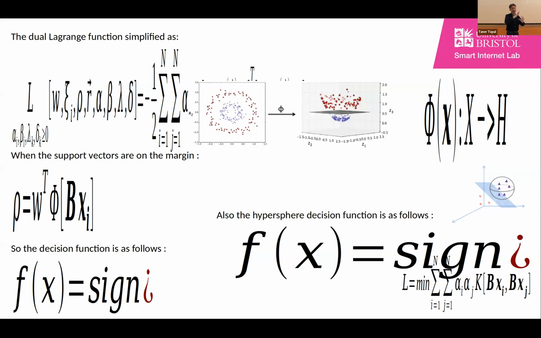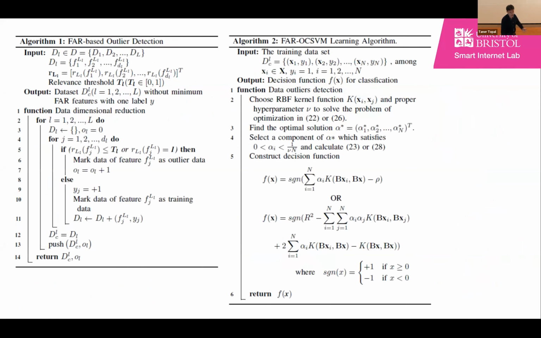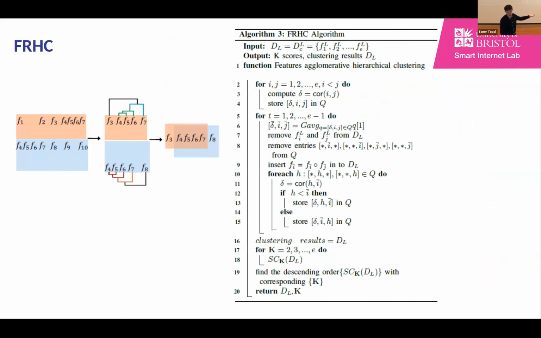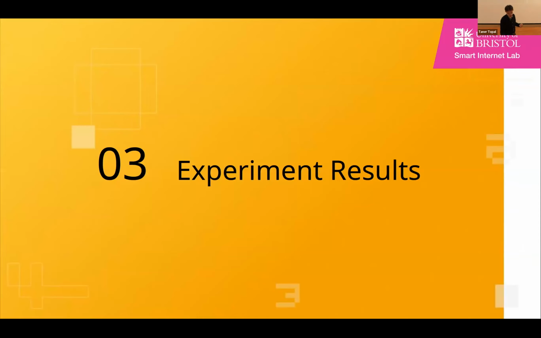Then when a data sample is on the margin, we find this support vector and use this hyperplane or hyperbola to divide the outlier features and the good features. So let's forget about the tedious algorithm things, and let's go ahead to the experiment.